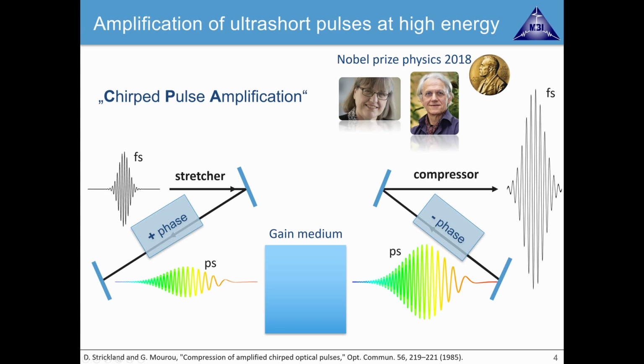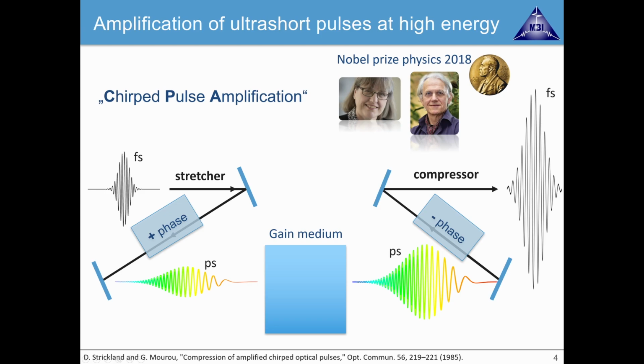This can be, for example, bulk material or a grating stretcher. With that, you can make a picosecond pulse from a femtosecond pulse. Then you amplify this pulse, and after amplification, you reverse the phase, so you apply the negative of the initial phase in a so-called compressor, and what you end up with is an amplified femtosecond pulse.